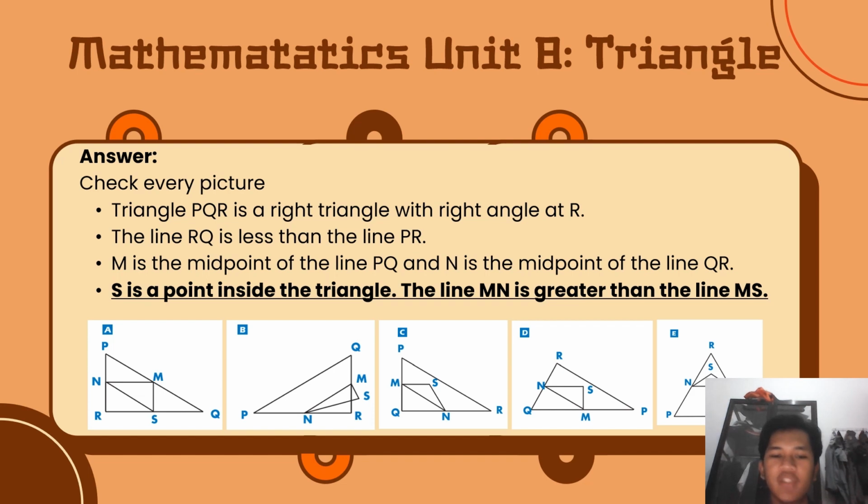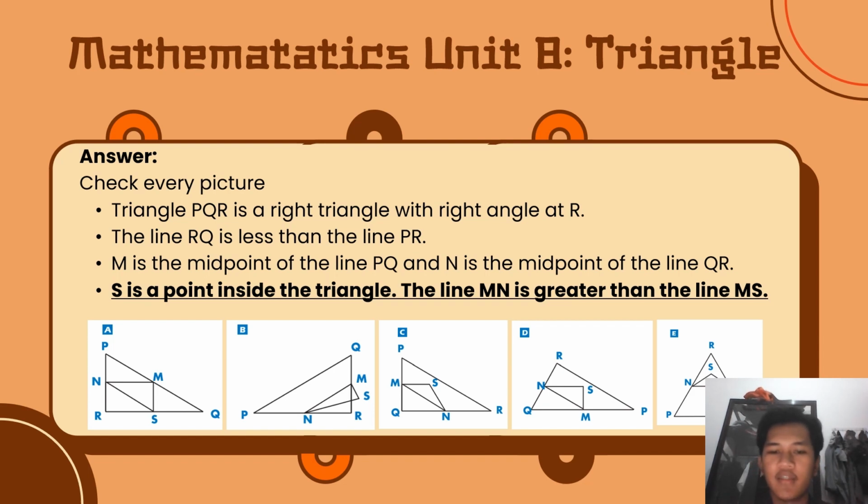So picture A is wrong. And then picture B. Picture B is wrong because point S is outside of triangle PQR. So picture B is wrong.